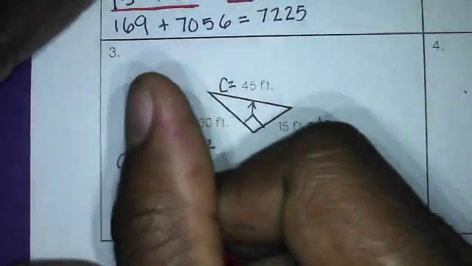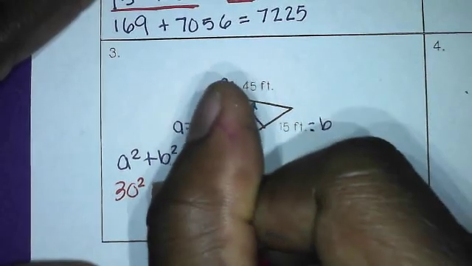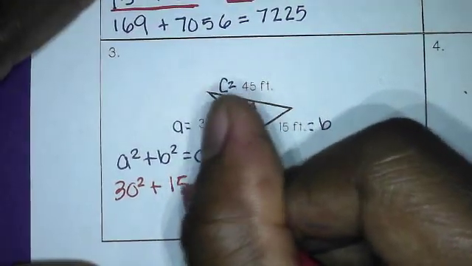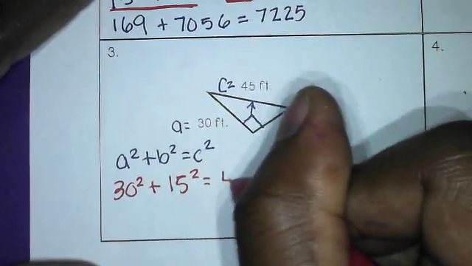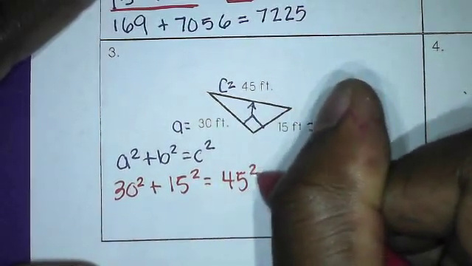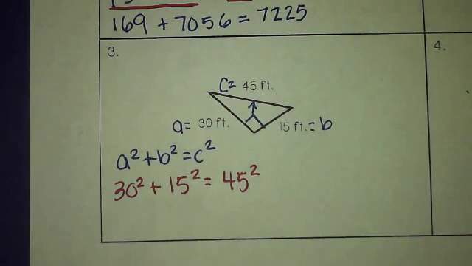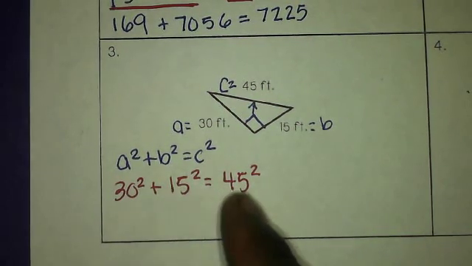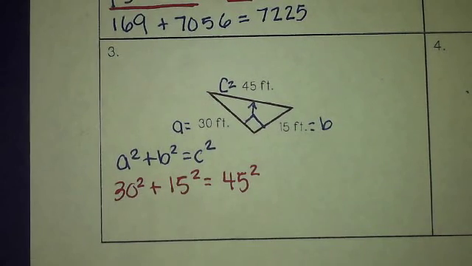So A is 30, so I'm at 30 squared, plus B is 15, plus 15 squared should give me 45 squared. Now what I notice is it's trying to tell me right now that 30 plus 15 equals 45. Okay? But we have to check the theorem.